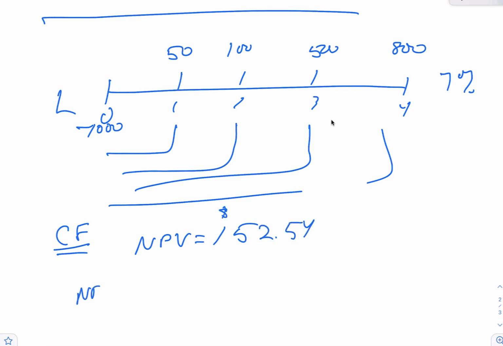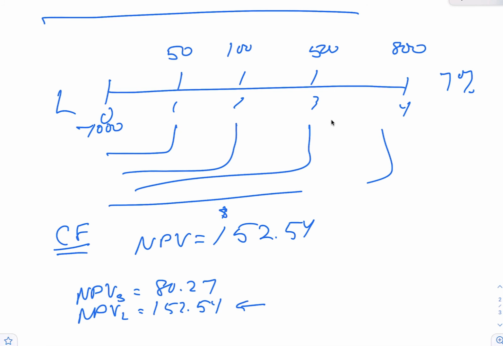So NPV for Project S was $80.27, and NPV for Project L is $152.54. And so we ask, out of these projects, which is the better project? Well, right off the bat, you'd say it looks like this project is best because it has the highest net present value and it adds $152 to net wealth to shareholders, versus the short project, S, which only adds $80.